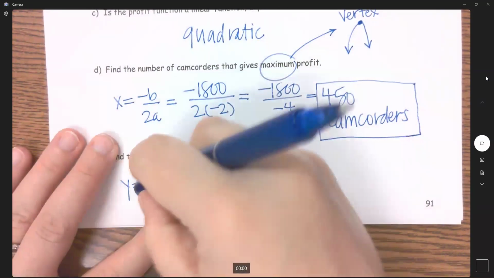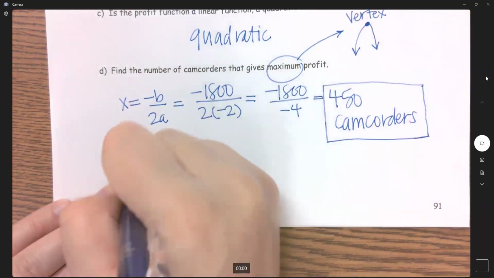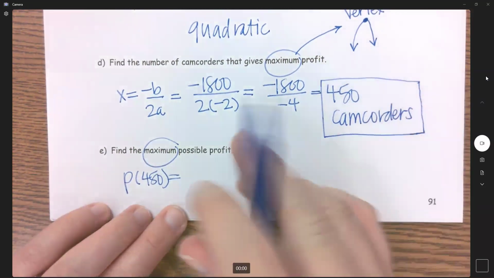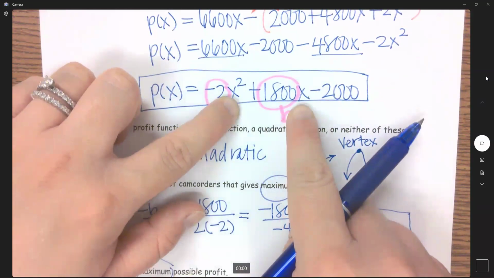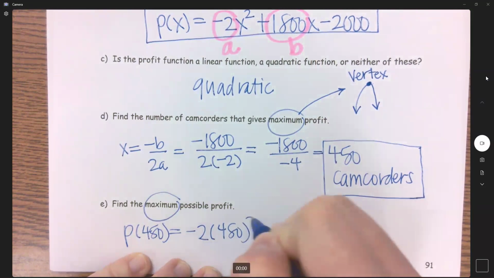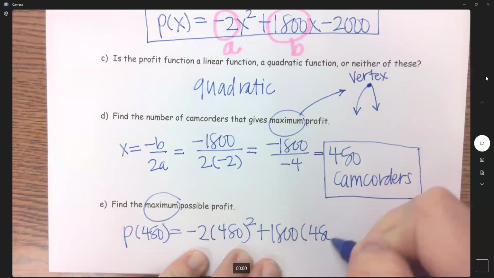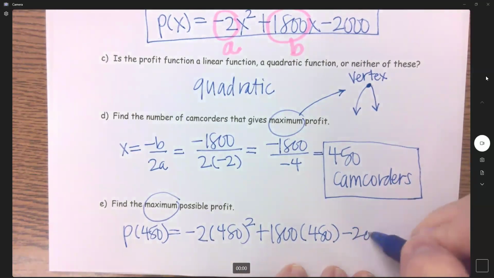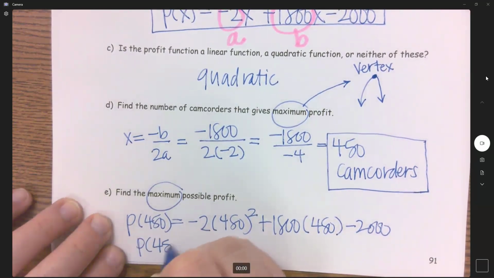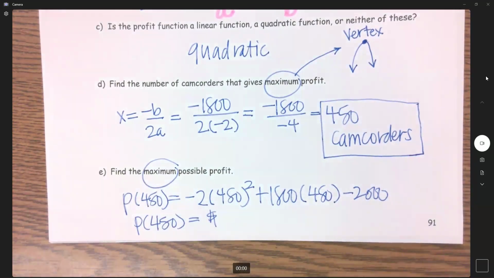So I have, Y would work. I'm going to go P of 450 equals, and now I am substituting in 450 for both of these X's. So negative 2 times 450 squared plus 1800 times 450 minus 2000. Profit, we're talking about money, so I'm going to put my dollar sign.